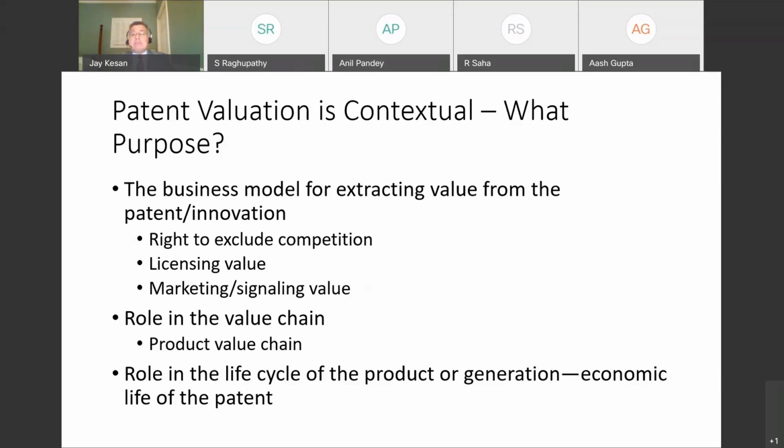So going back to my simple example, if I'm able to sell more refrigerators with my patented device, and I'm able to exclude competition from other refrigerator makers, they don't have access to this patented technology. I do.